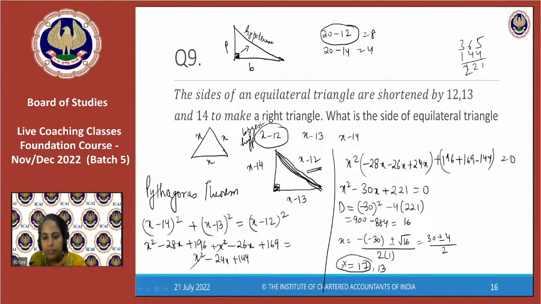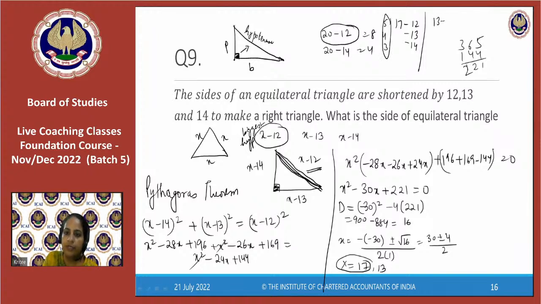17 can be reduced by 12, can be reduced by 13, can be reduced by 14 to get right triangle dimensions. Yes, but 13 cannot be taken because once it is deducted from 14, the side will become a negative dimension, which is not correct.